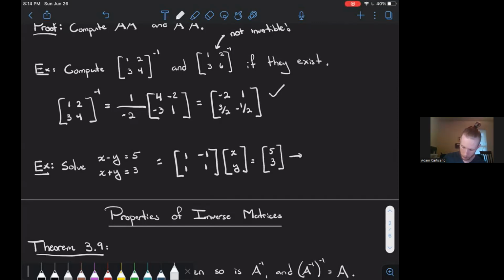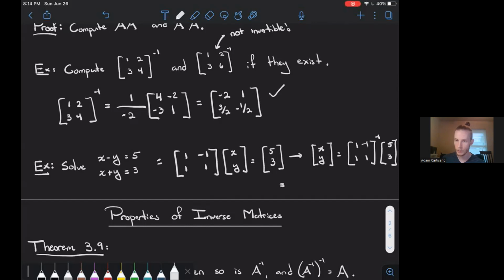So x y is 1, negative 1, 1, 1 inverse times 5, 3. The inverse of this matrix we can compute in our heads.